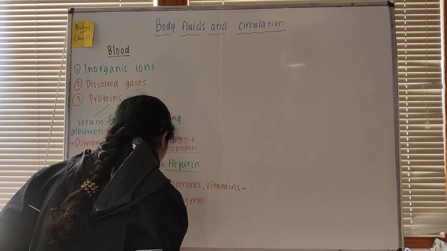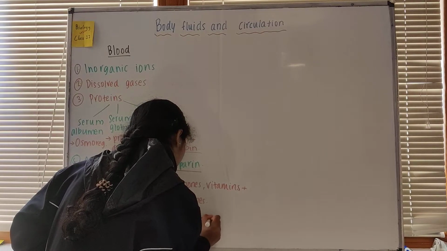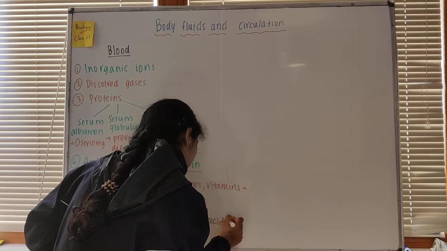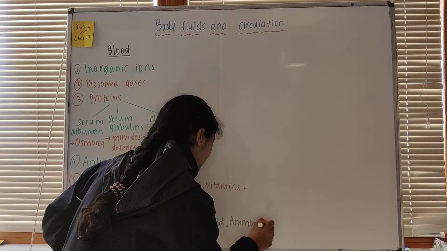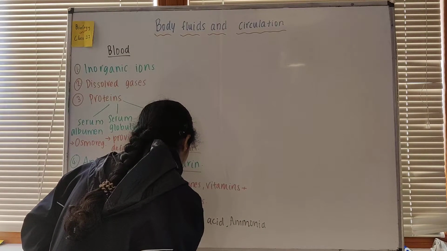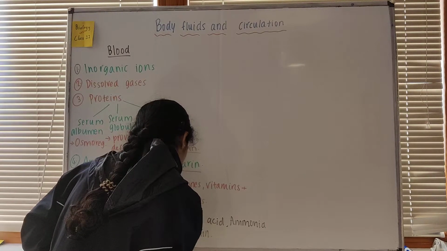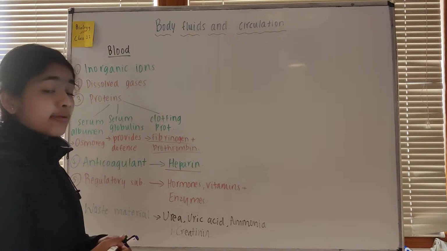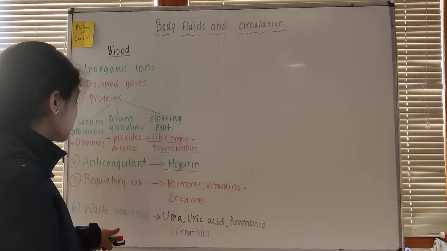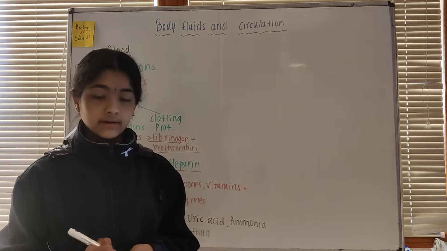We have urea, uric acid, we also have ammonia, that is NH3, and creatinine. We talked about these in detail in the chapter on excretory products and their elimination. So these are all the waste materials that are also present in the blood.